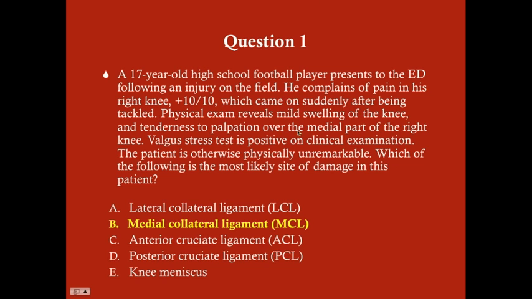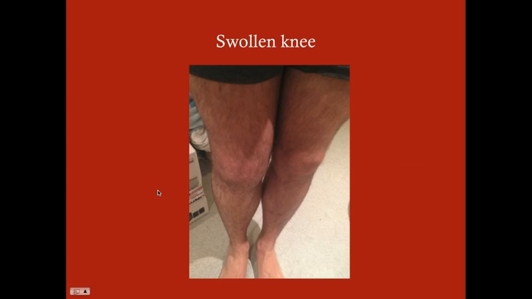One, when the medial collateral ligament is damaged, you're going to have particular pain over the medial joint line of the knee. So let's say here's your knee, and here's your patella. Your medial joint lines would be here for your right and here for your left.